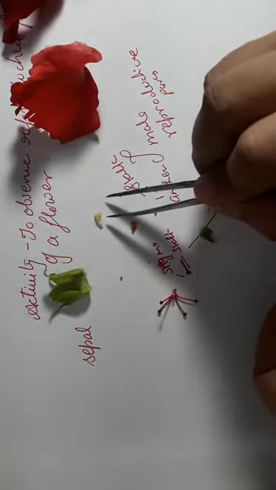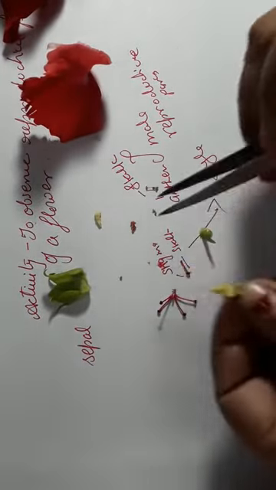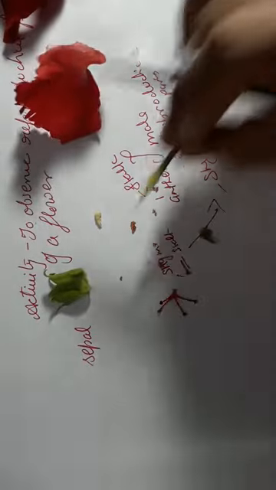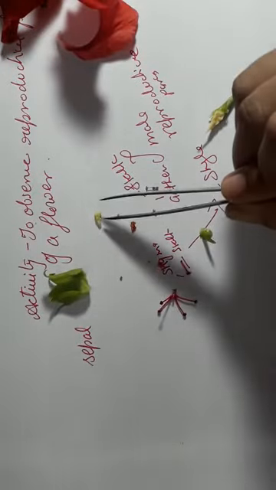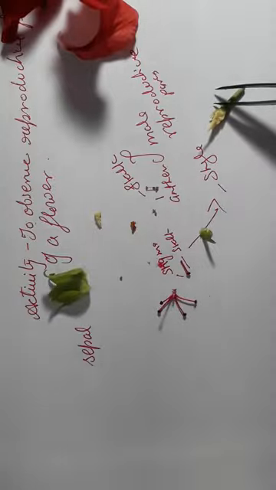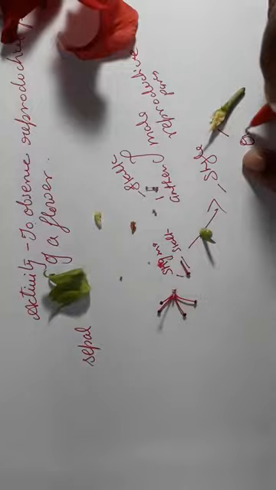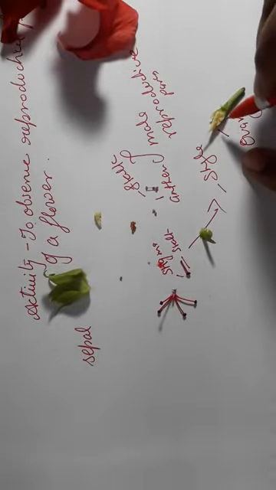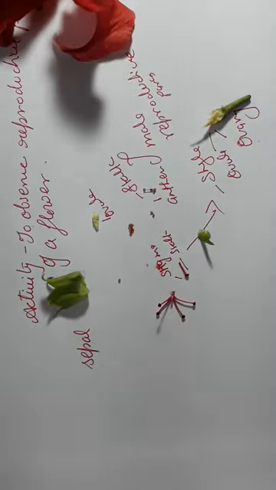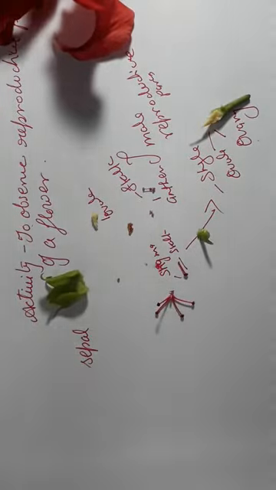There is a round ball structure over here, and inside this also you will see the same, two or three of them. These are the ovules. So this is the ovary, and the round ball structure which you are observing is the ovule. These all are the reproductive parts of the flower which you have seen.